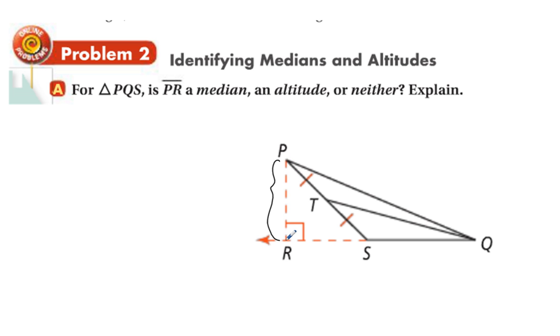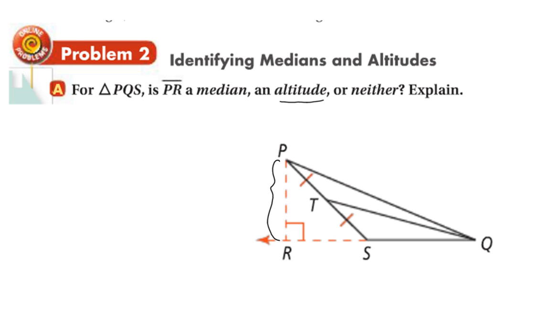It looks like it's perpendicular to QS, or an extension of QS. Well, if a line is drawn from a vertex perpendicular to the opposite side, that would make it an altitude. So PR is an altitude of triangle PQS. Let's take this down in your notes to make sure you have this example in your notes.